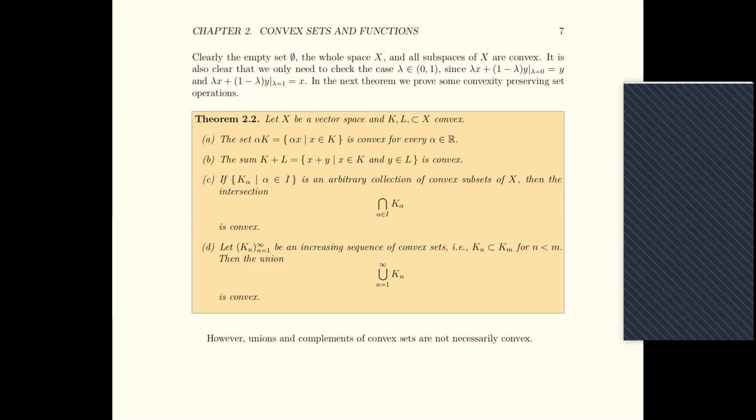So let's talk about these convex sets a little bit. What kind of properties do convex sets have?